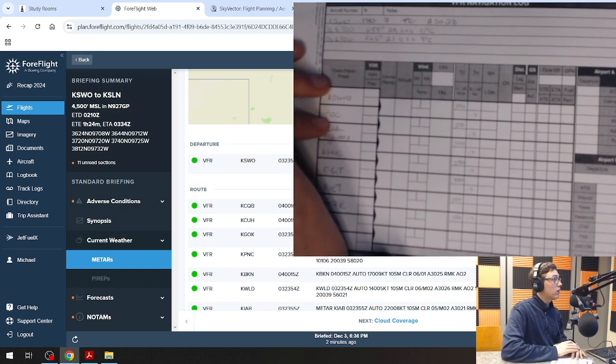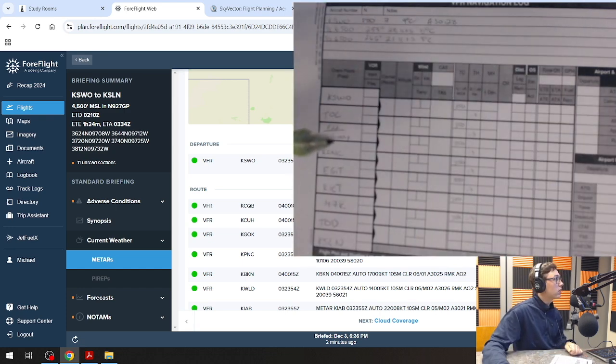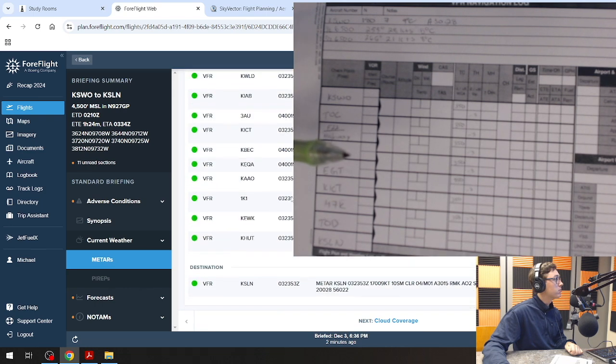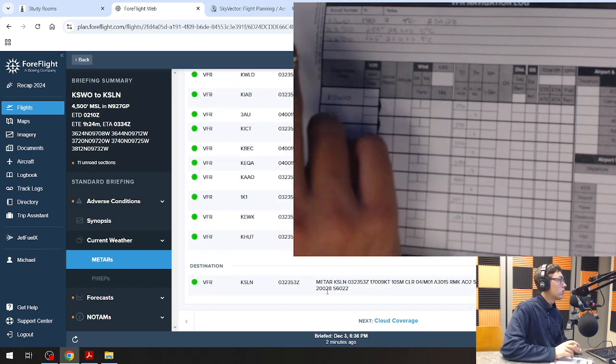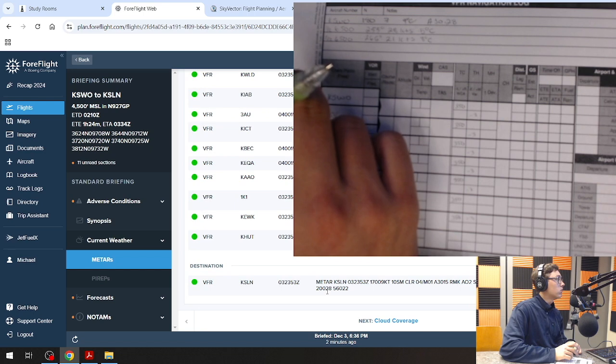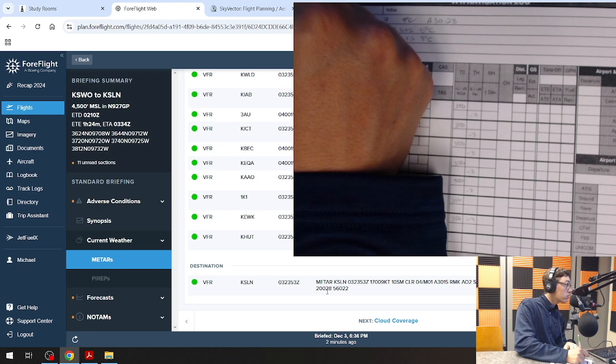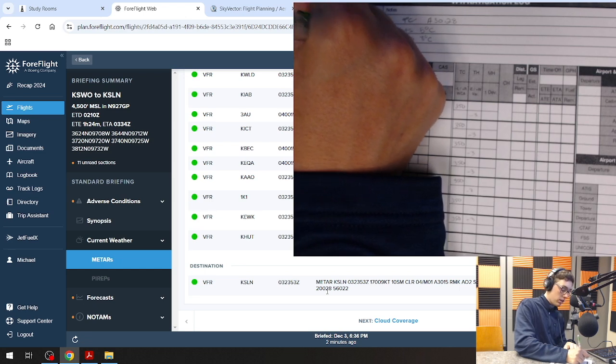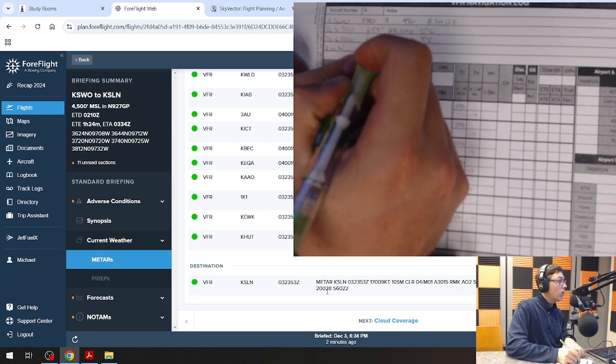And then let's also look at Salina, around our time of arrival. Let's put this in. KSLN. Writing down here.